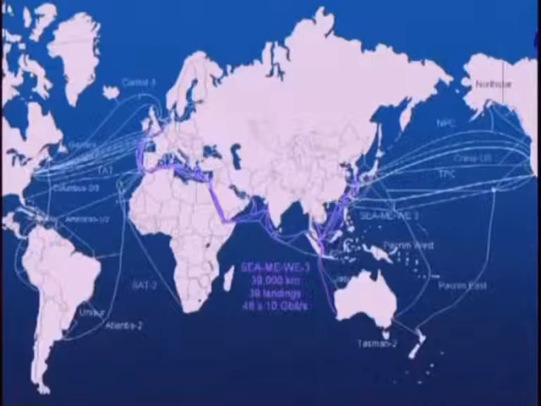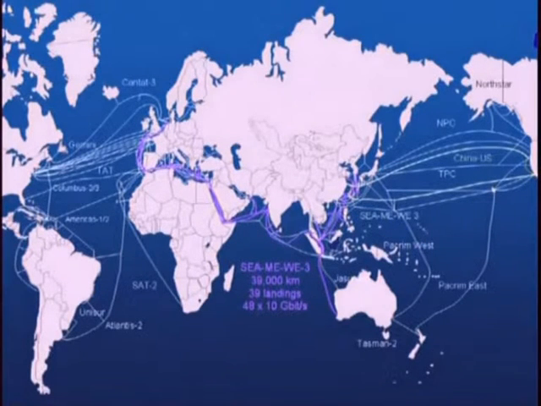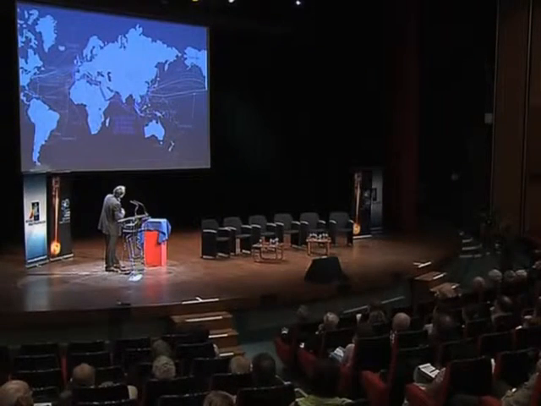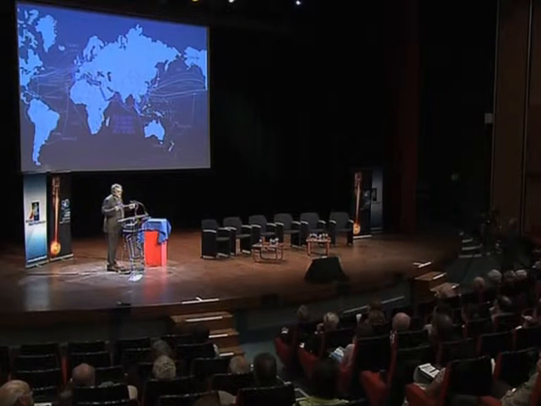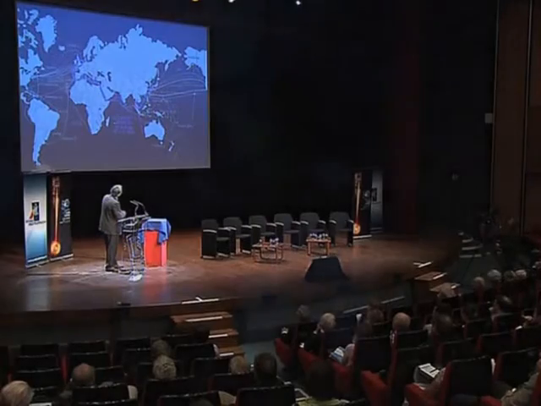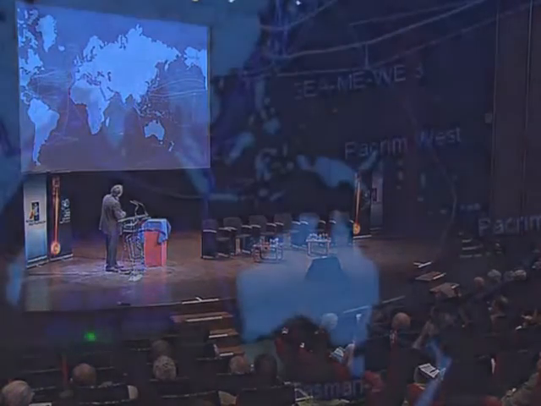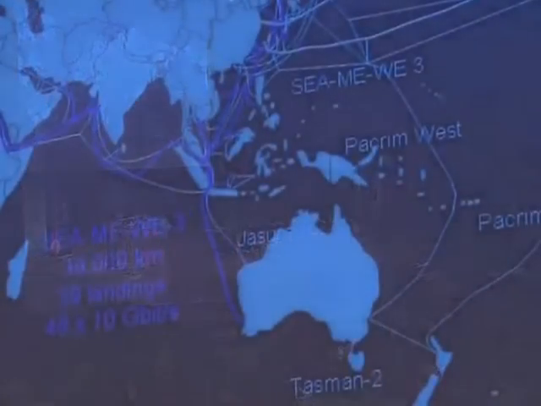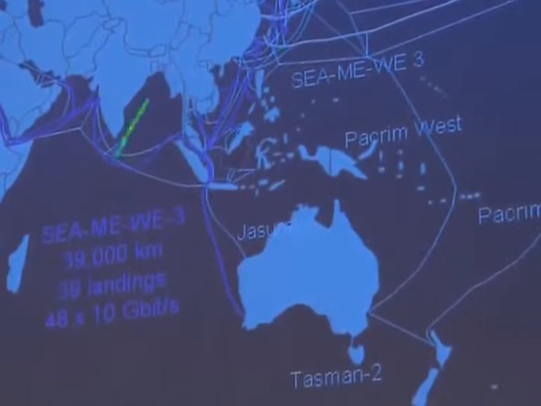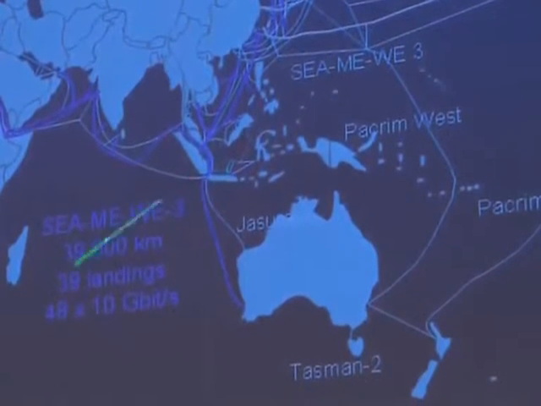SEA-ME-WE 3 connects the north of Germany all the way through the Straits and the Indian and Pacific Ocean, Asia-Pacific, to China and Japan. It's 39,000 kilometers, not vertical. The longest leg, I think, is 5,000 kilometers somewhere here. But it has 48 wavelengths at 10 gigabits. And the channels are launched also from the undersea cable.